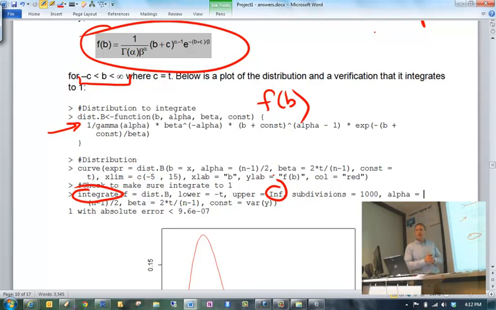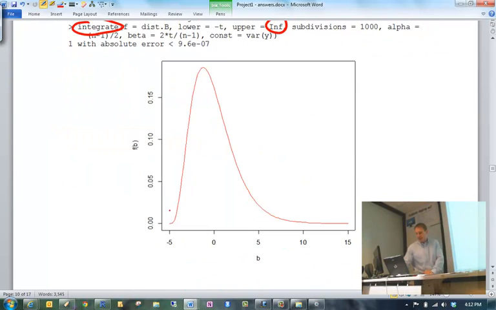Anybody know what that means? Do numerical integration here. Yeah, how many little chunks I take when I do my integration. In other words, you can think of it this way: I'm finding a whole bunch of rectangles, and I'm finding the area underneath the rectangle.